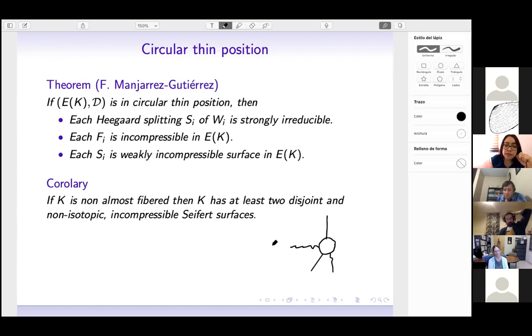Because of this theorem, each thin level is incompressible. It's an incompressible Seifert surface. So we have this result.